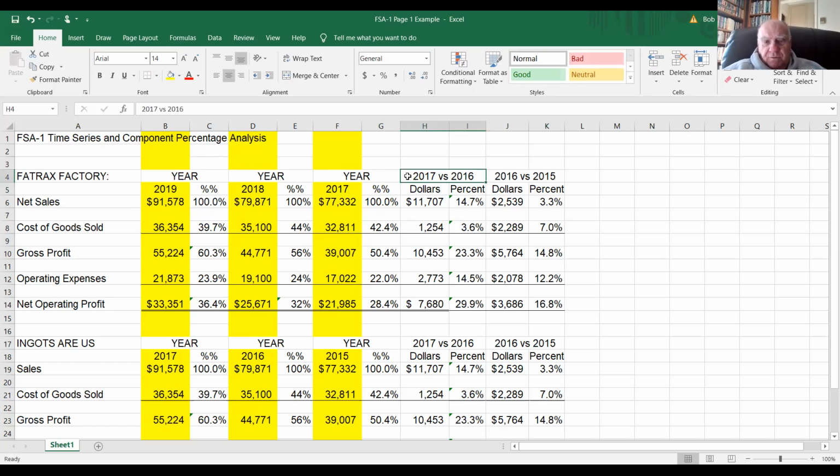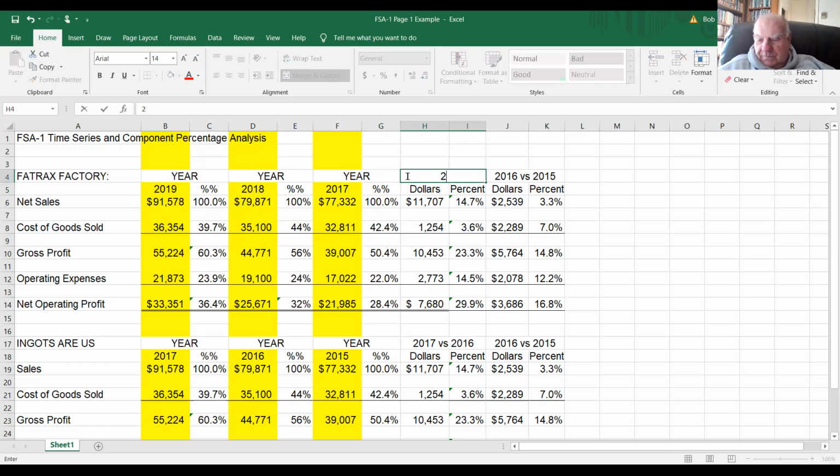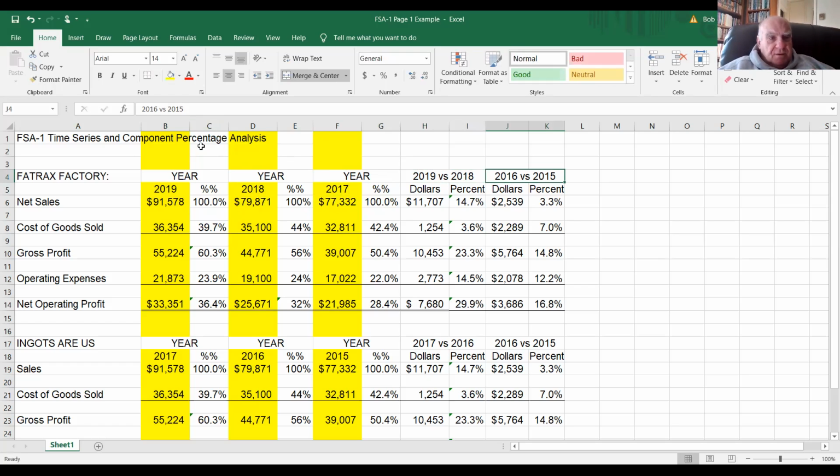This would be 2019 versus 2018. And this would be 2018 versus 2017. I said 08, I meant 18. 17. All right, there we go.